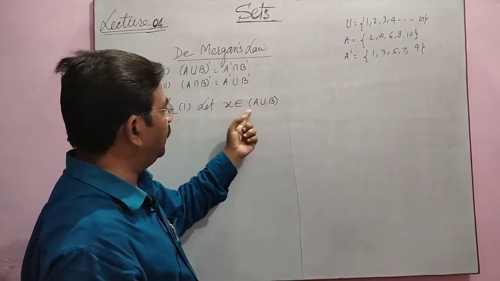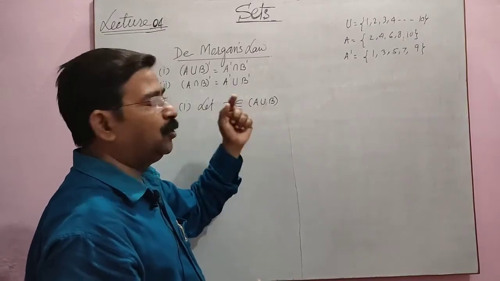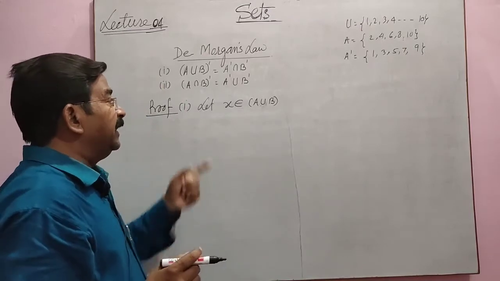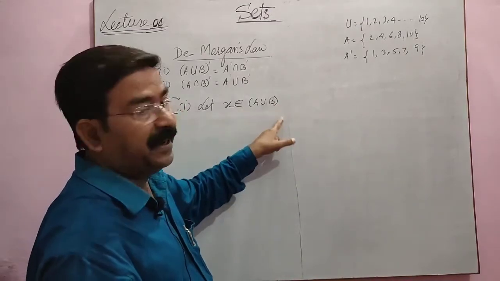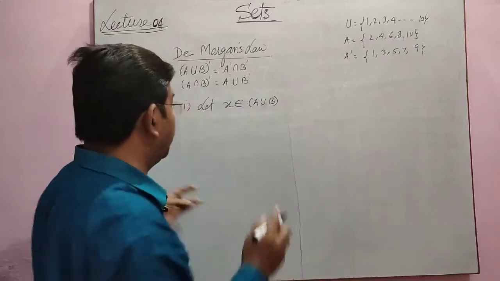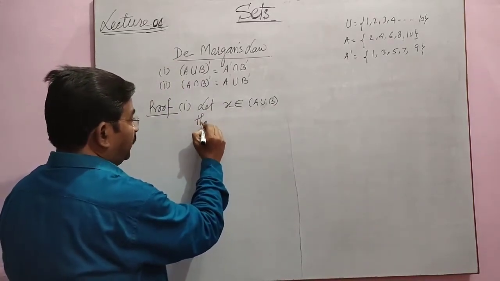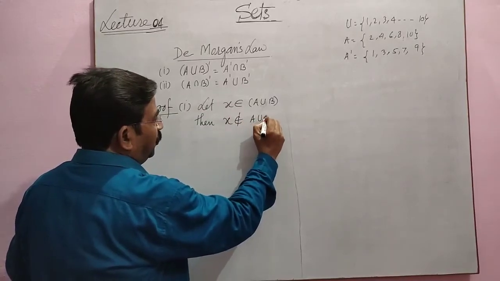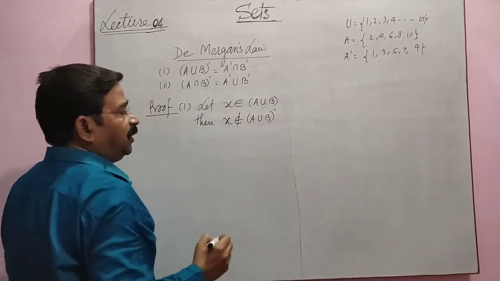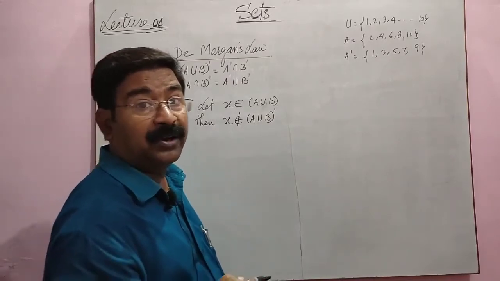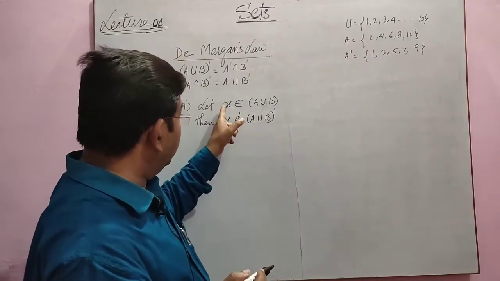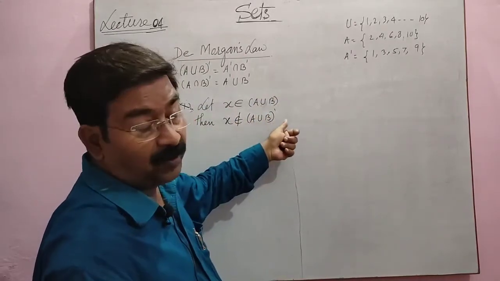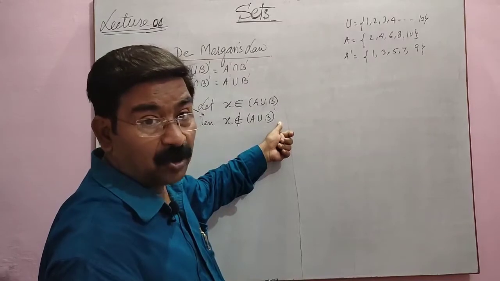If X is any element in A union B, it means X will not be found in A union B complement. Then what can you say? X does not belong to A union B complement. Got it? It means if the element is found in the set, then the element will not be found in its complement.